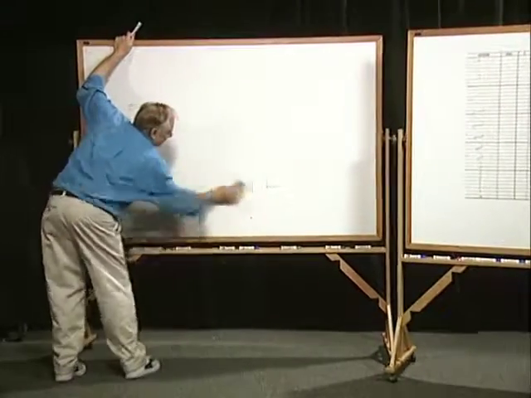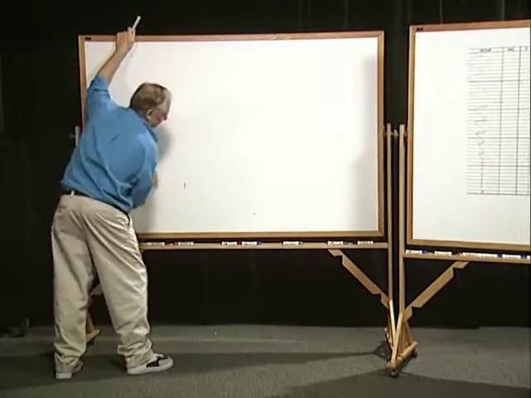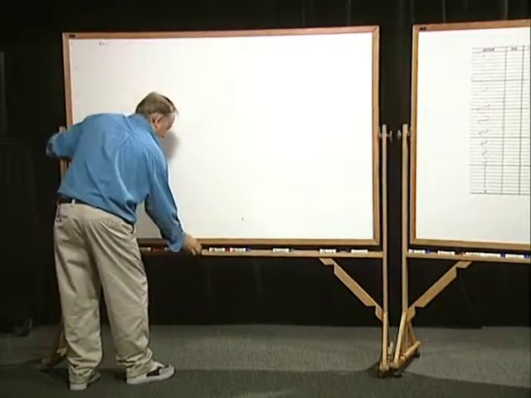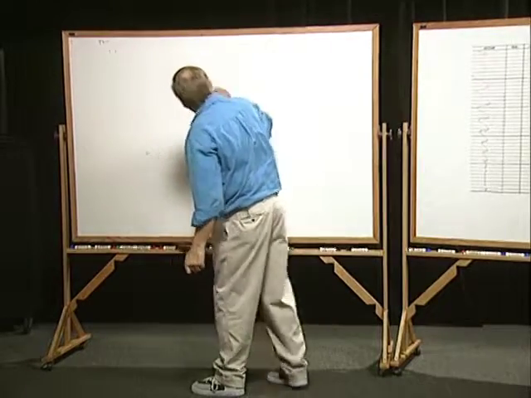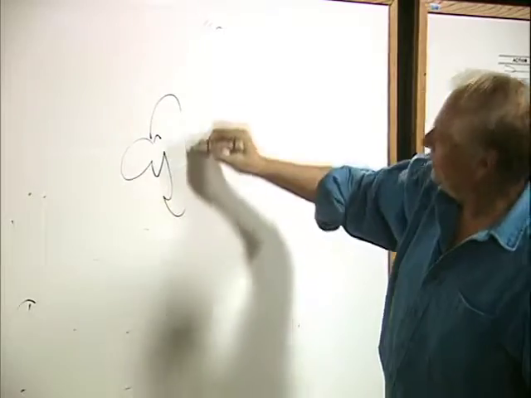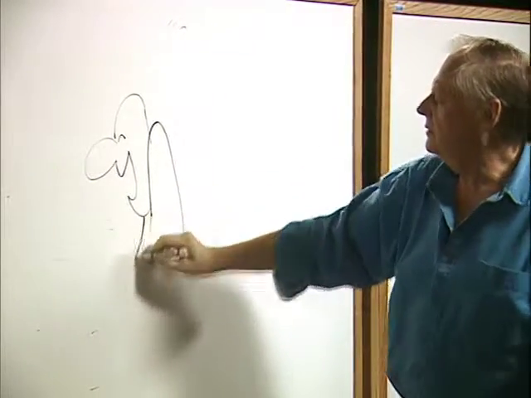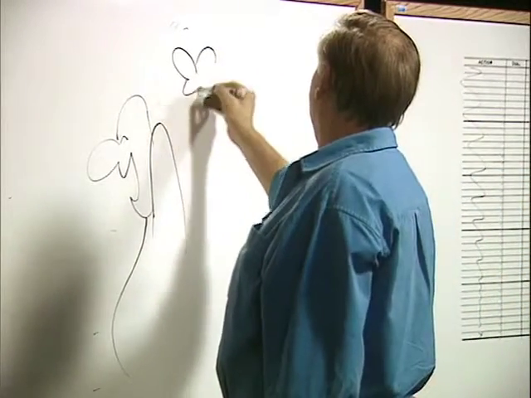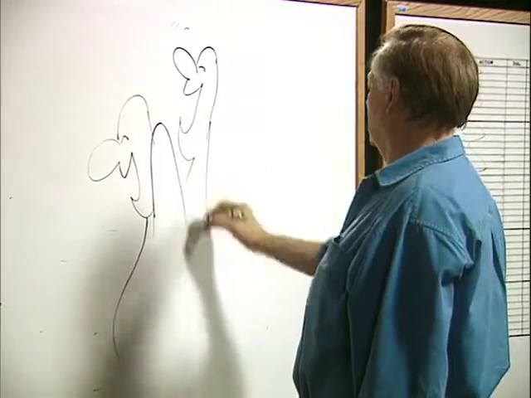It can apply to a laugh, say. If you had, this is going to be pretty crude, somebody laughing, say the shoulders are up here, and he's going up into there, with the shoulders down.